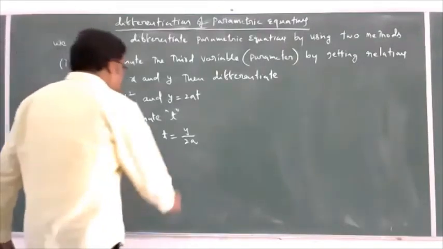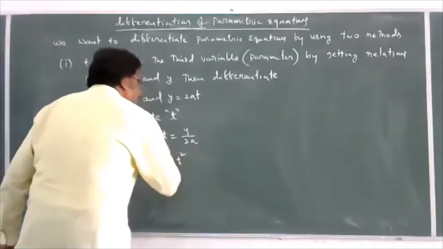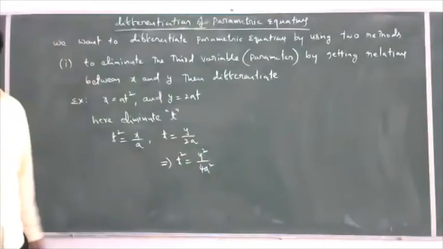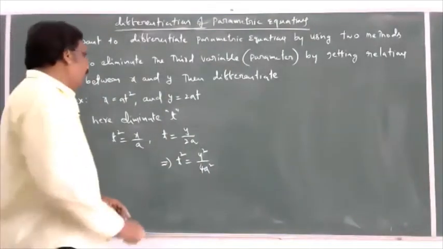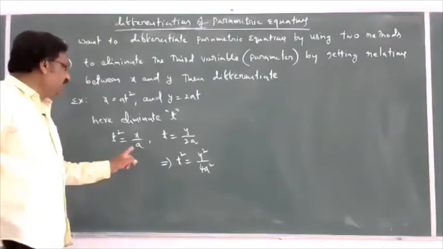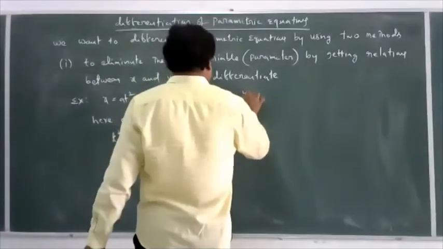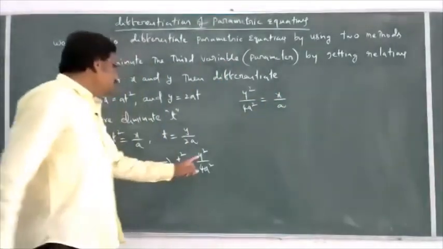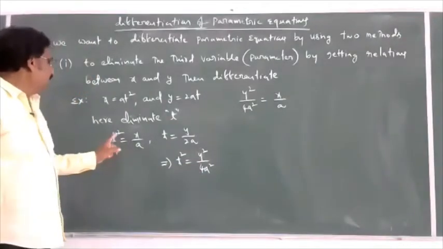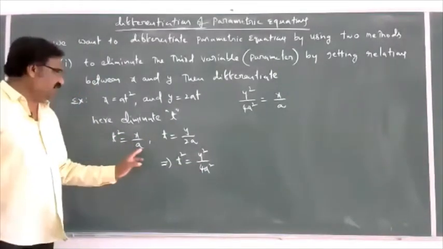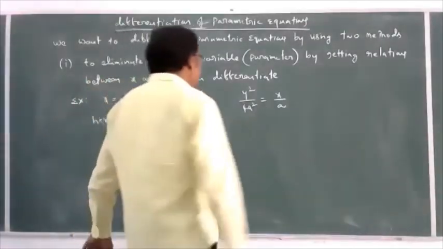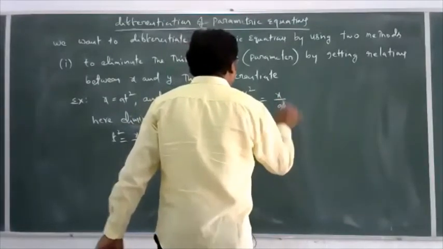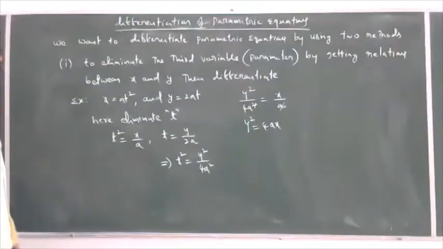That implies, second step, t square is equal to y square by 4a square, squaring on both sides. From these two equations, y square by 4a square is equal to x by a. Equating both the equations, one a cancels, cross multiplication, y square is equal to 4ax.